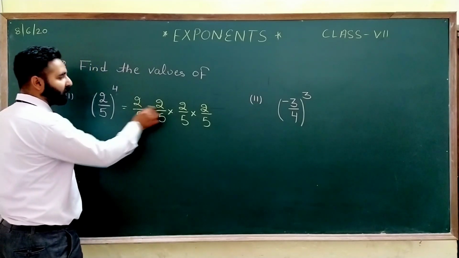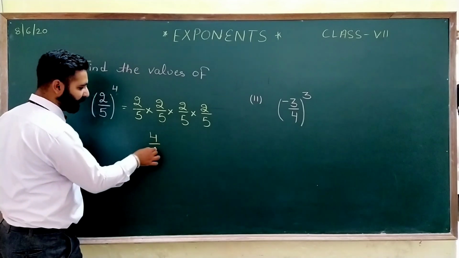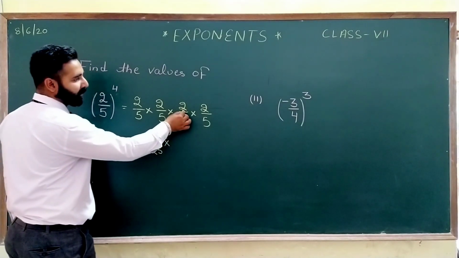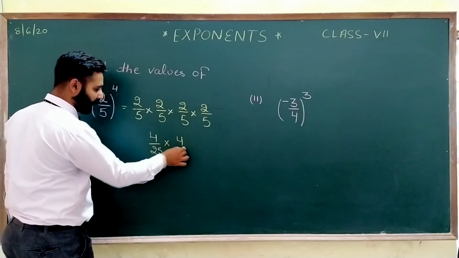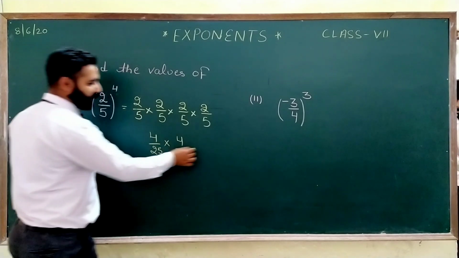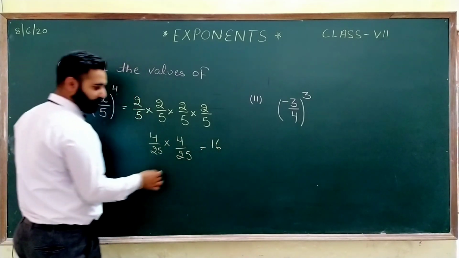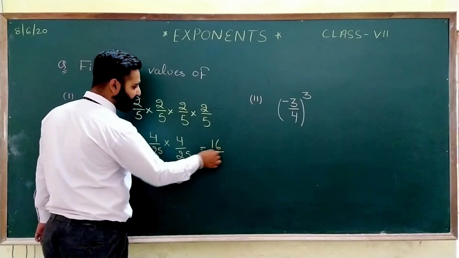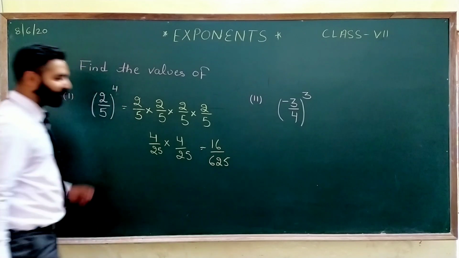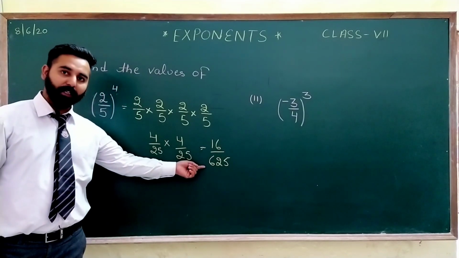So 2 multiplied by 2 will become 4, and 5 multiplied by 5 is 25. Next multiplication, 2 into 2, here also 4, 5 into 5, 25. In the next step, 4 into 4 becomes 16, and 25 into 25 becomes 625. So the answer of this part will be 16 upon 625.